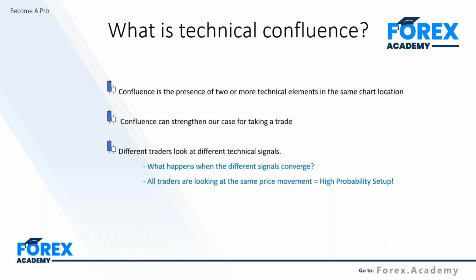Okay, so it gives us a high probability setup, not only if we can spot 3 or 4 indicators that suit our trading decision or direction, but also, be aware, there are so many traders using the same sample data, the same price action analysis, and the same technical indicators. They're looking for the same things. So bear that in mind. That is why we like to use technical confluence. And of course, it increases our chances of success with the trade. That is high probability trading, of course.